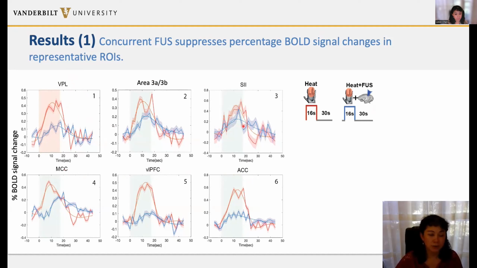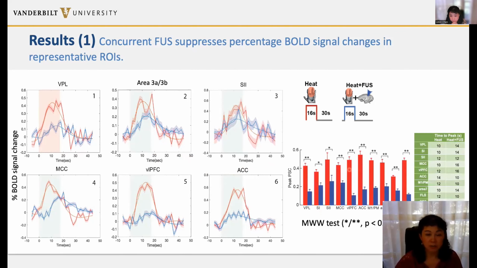They all show suppression when the ultrasound was delivered at the thalamus. So this data indicates that when the thalamus pain response was suppressed, the interconnected areas were also affected and also showed a suppressed response. This bar plot shows the peak differences between these two experimental conditions, and you can see they're all quite significant.